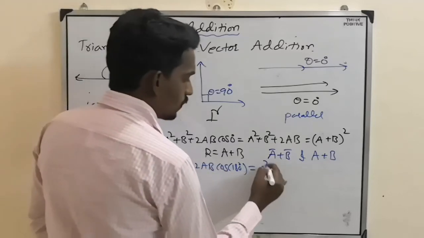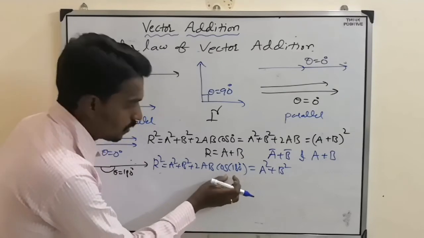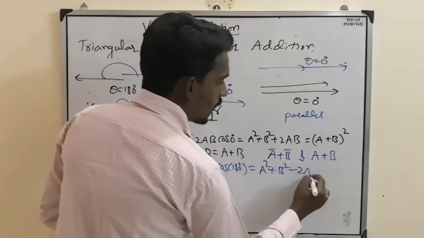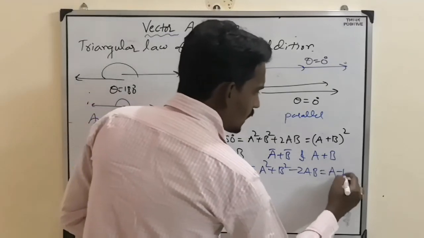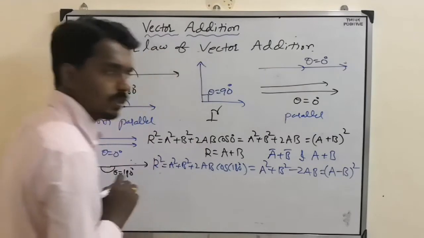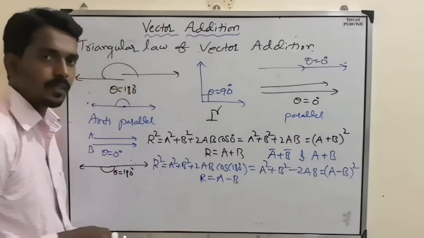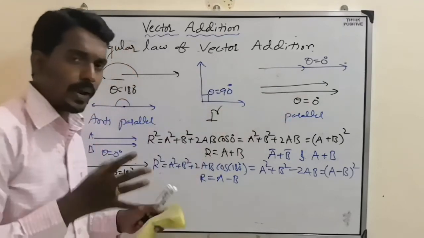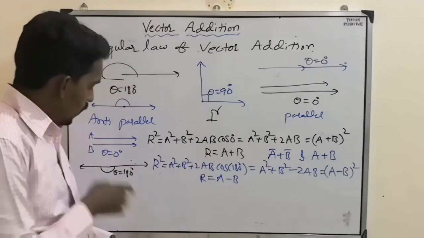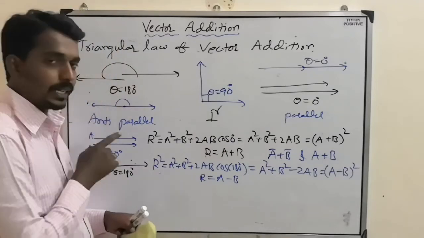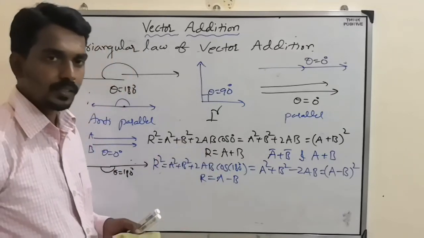So it becomes A square plus B square minus 2AB, which looks like A minus B whole square. Now the resultant becomes A minus B. When the angle between two vectors is minimum, their resultant is maximum. When the angle between two vectors is maximum, the resultant is A minus B.